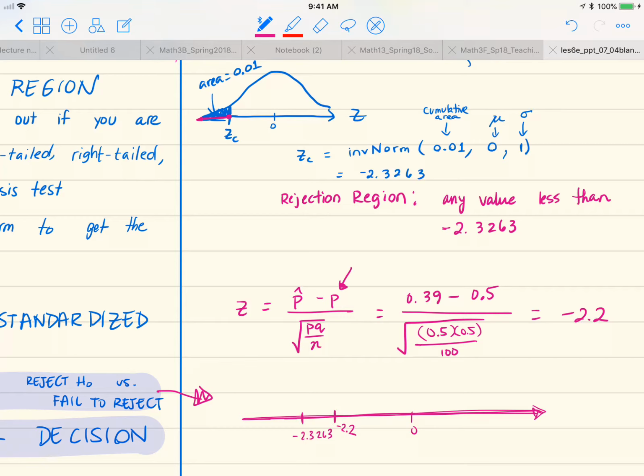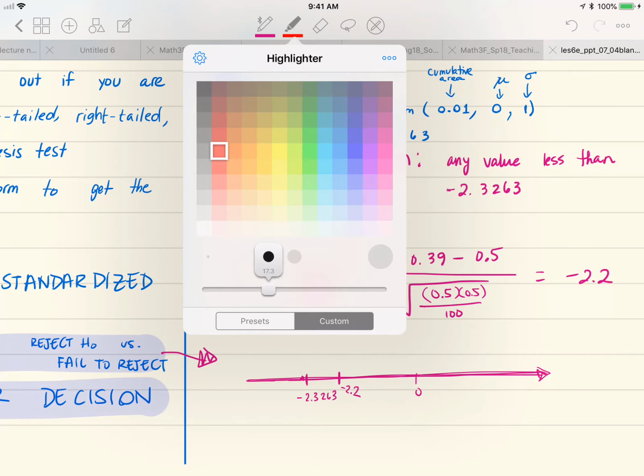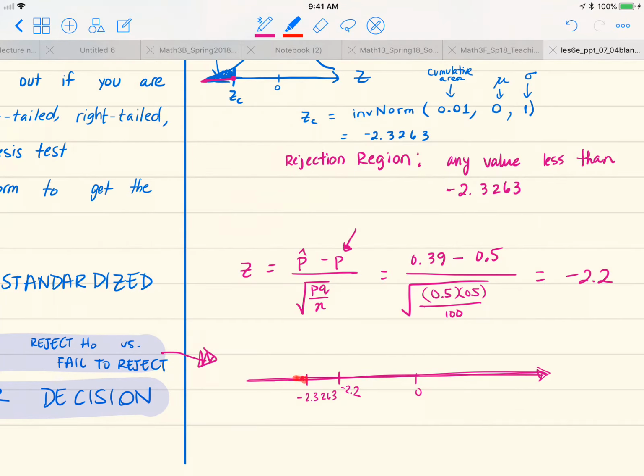So negative 2.2 is right here. My rejection region is anything less than. So my decision is going to be fail to reject H naught, because my standardized test statistic is not in the rejection region. So fail to reject H naught is my decision.